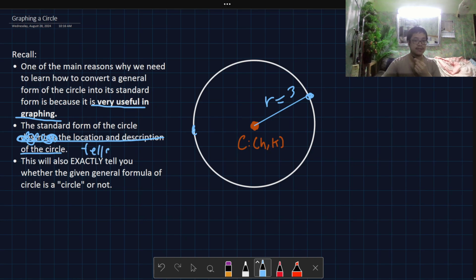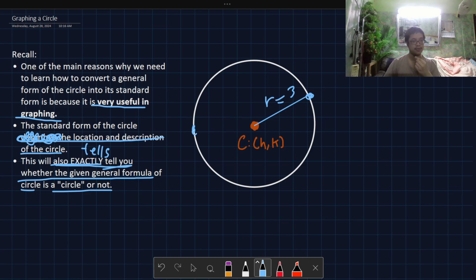And I added information here that standard form will also exactly tell you whether the given general formula of a circle is a circle or not.